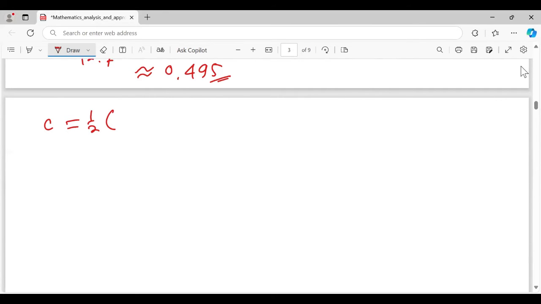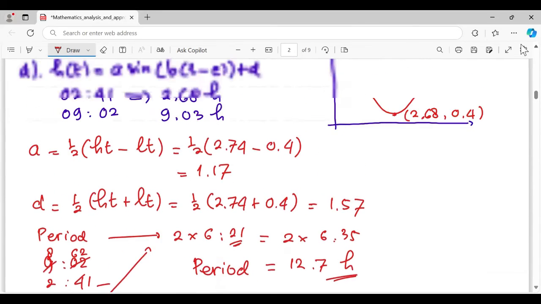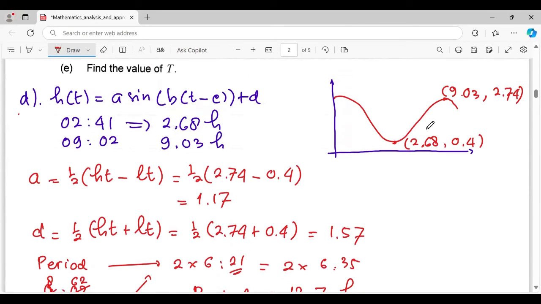If you look at this graph, the time is this one, 2.68, or 2:41, and this one 9:02. This is already converted.